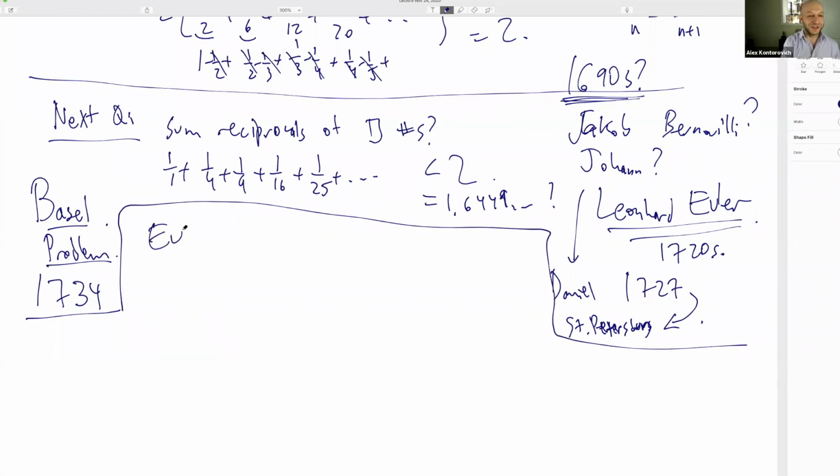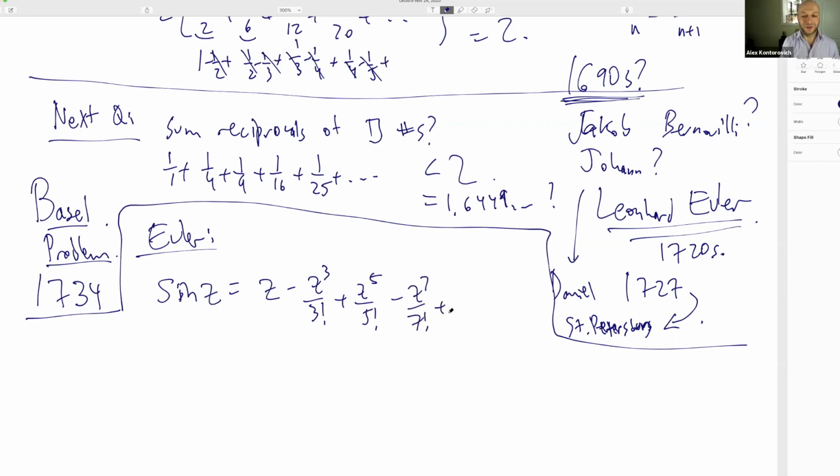So here's Euler's idea. First of all, we know the series expansion for sine, as did Euler: z minus z cubed over 3 factorial plus z to the 5th over 5 factorial minus z to the 7th over 7 factorial, and so on. Presumably, you all know that this is exactly what he used to show that e to the i theta is cosine plus i sine.